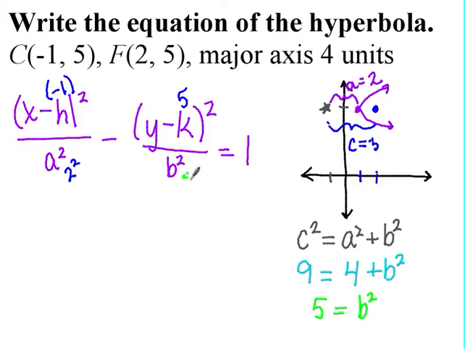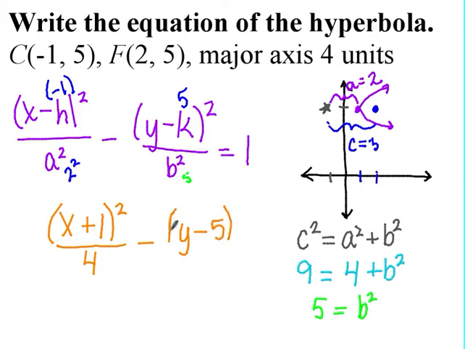So I need 5. So I can go ahead and write out my formula. My formula should be x plus 1 quantity squared over 4 minus y minus 5 quantity squared over 5, and that's going to equal 1. So there you go.